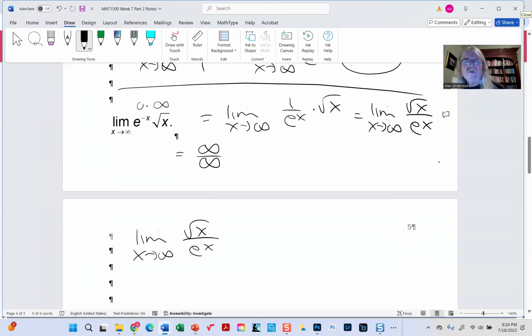So the derivative, of course, of radical x will be 1/2 x to the negative 1/2 power.